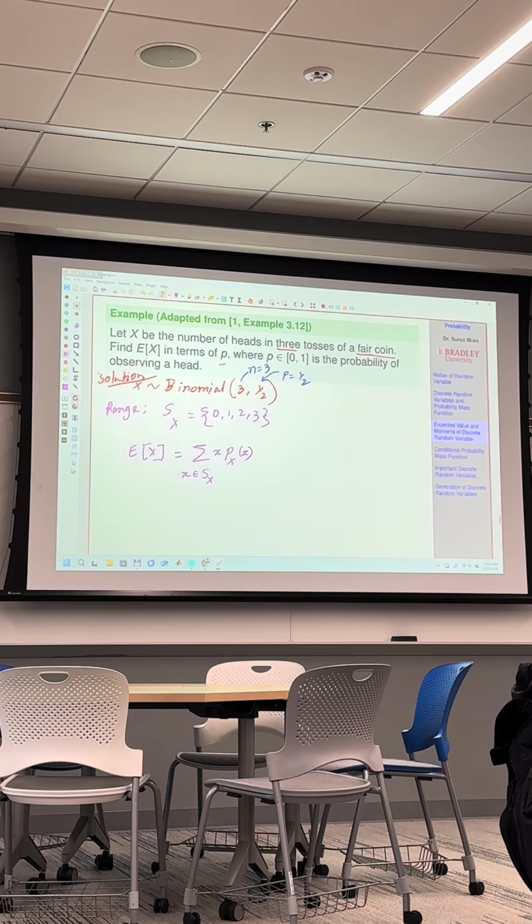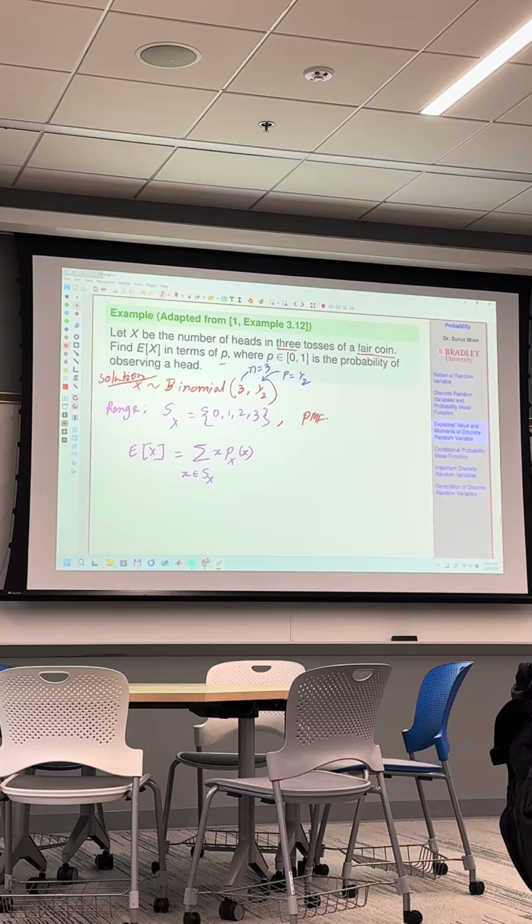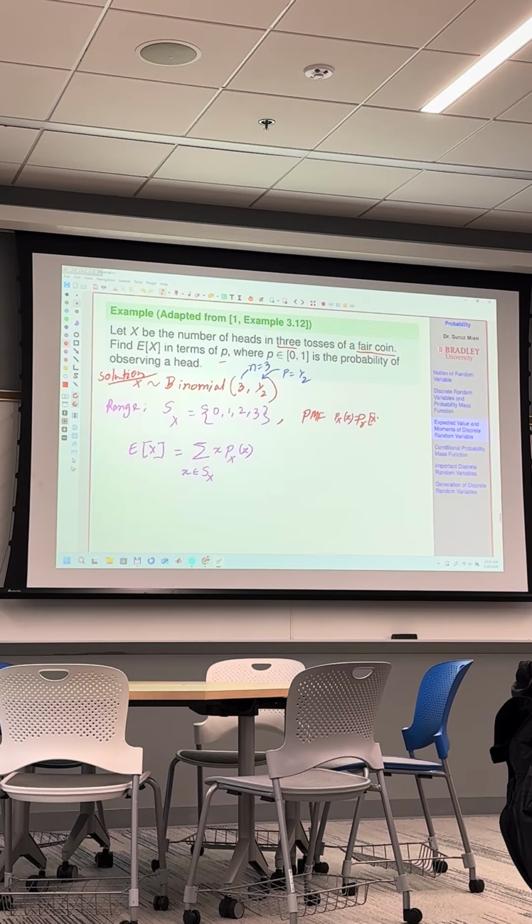And this is your PMF. I did not write down the PMF here. Because x is a binomial random variable, the PMF, which I denoted with p sub x, is by definition the probability that x takes exactly value x. What is the PMF of a binomial random variable, guys?